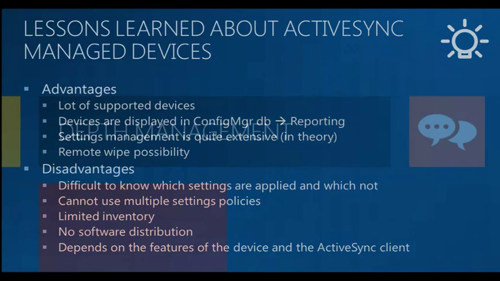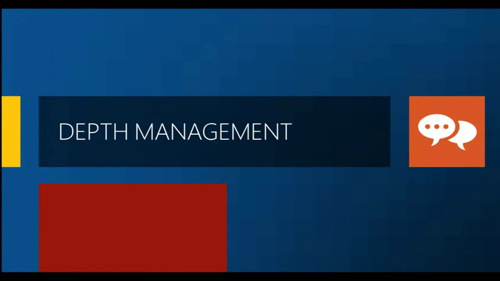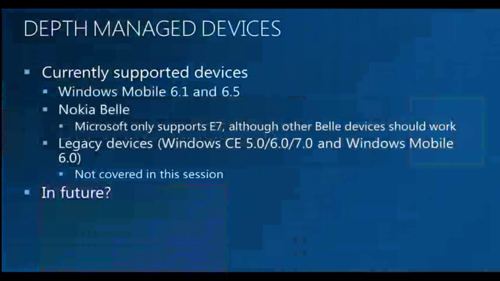Let's go then to this depth management. So what are the supported devices? Windows Mobile 6.1 and 6.5. And Nokia Belle. So Belle is the latest dialect of Symbian mobile operating system.